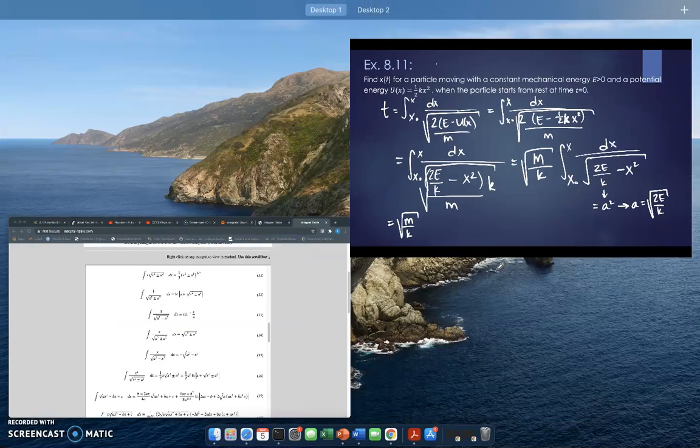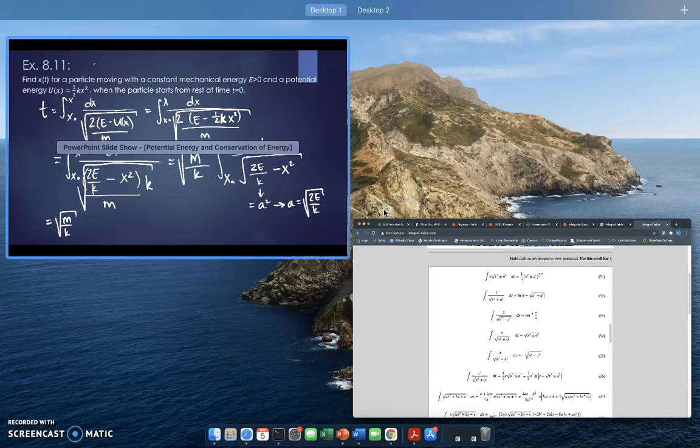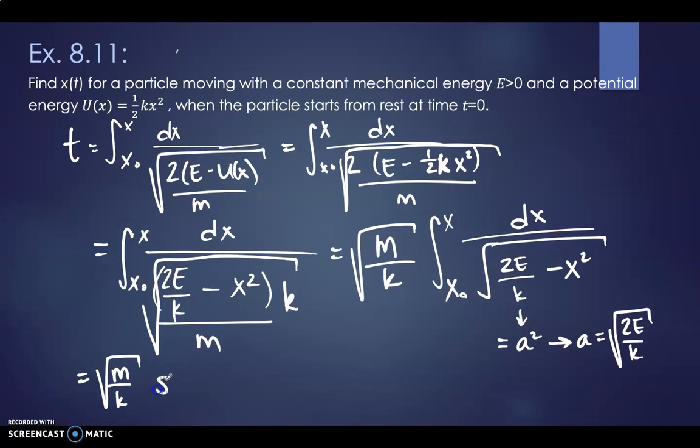Okay, and then I can get this form, so it is equal to an inverse sine of x over a. Okay, so sine inverse of x over a, which is this square root here, so square root of 2e over k.